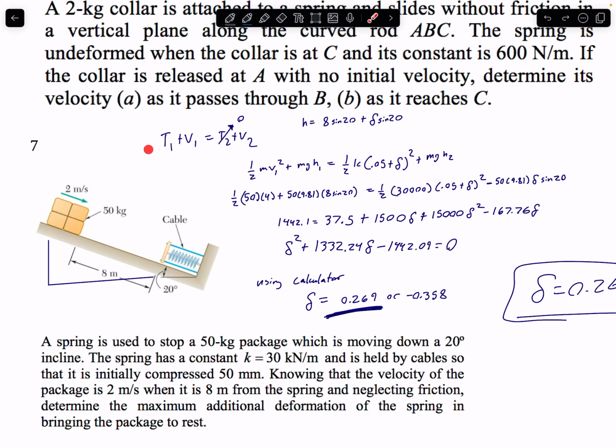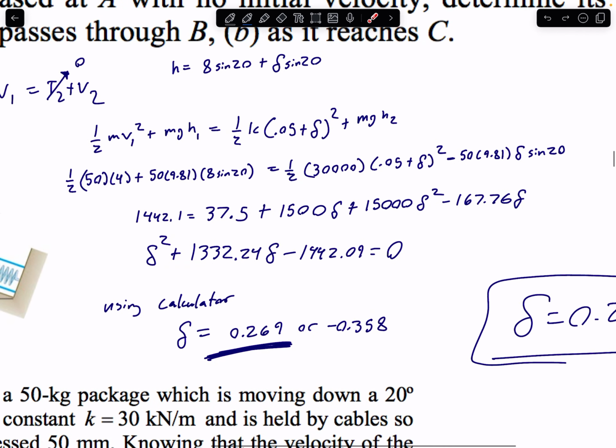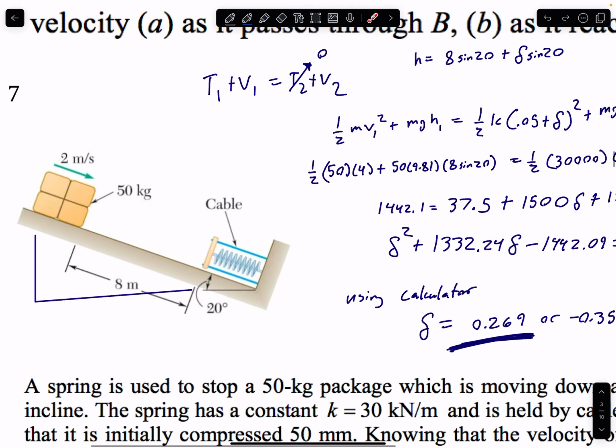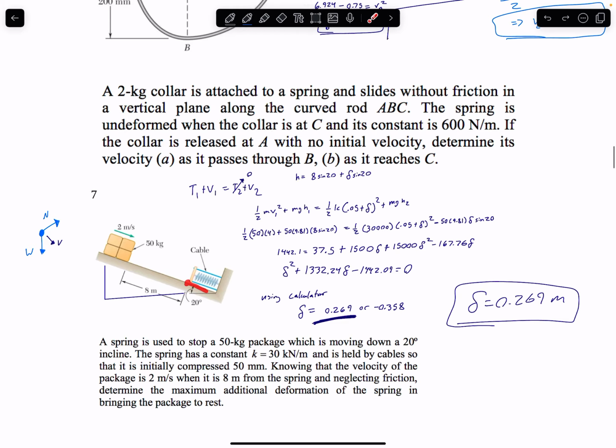I guess depending how we do it, but we know that initial kinetic energy plus potential energy has to equal the potential energy in the spring, and also the potential energy as well, which is actually negative because it'll go below that point.